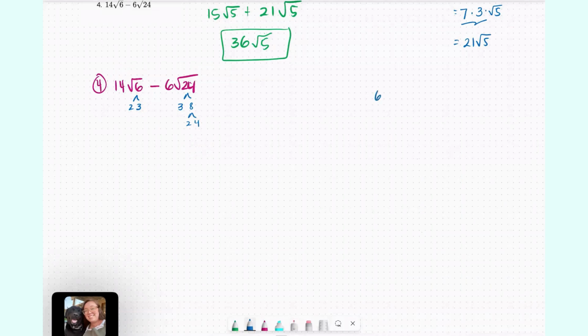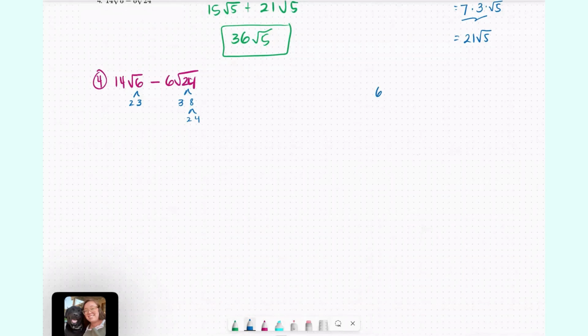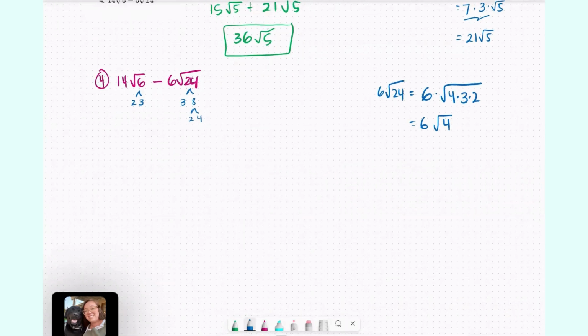So I have this 6 square root 24, and that's going to be 6 times square root 4 times square root 3 times 2. This is my product rule step.